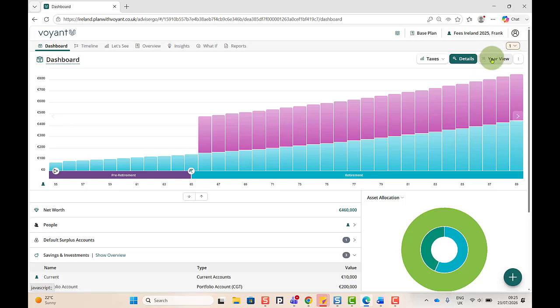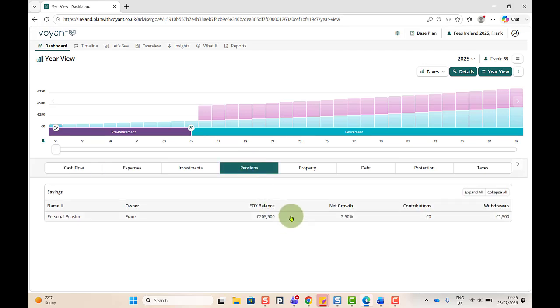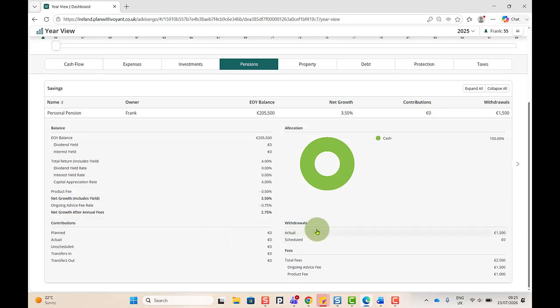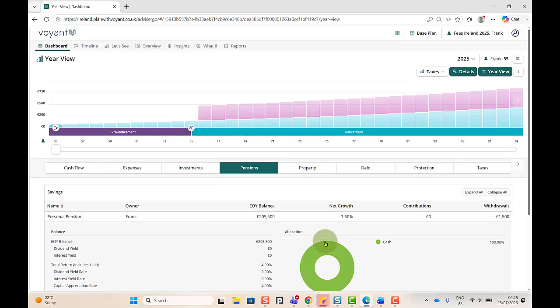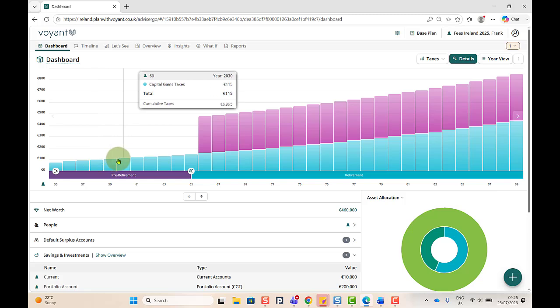So if I go into year view and then the pension and expand the pension, you can see the withdrawal, but you can see that it's not using any allowances there. It's not showing us using tax-free cash or anything like that, and it's not calculating any tax.